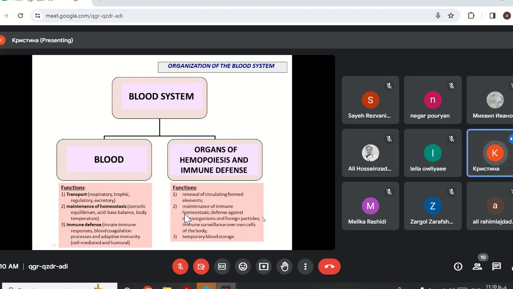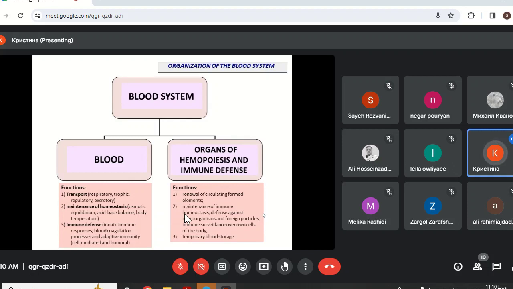Defense against microorganisms and foreign particles, immune surveillance over own cells of the body. Defense against microorganisms means defense against bacteria, viruses, and their toxins.